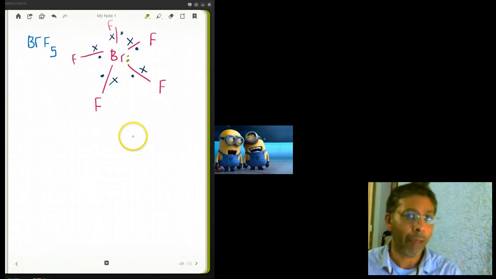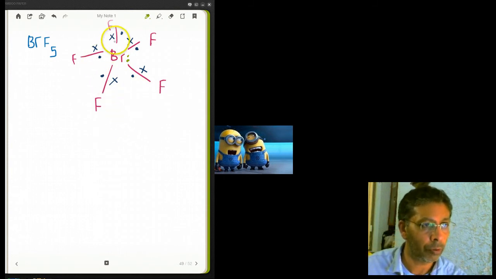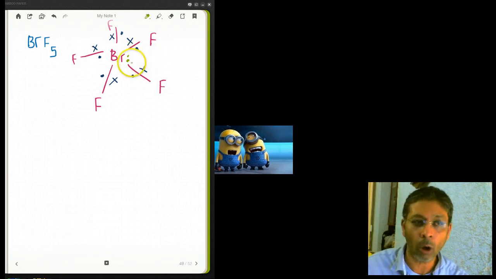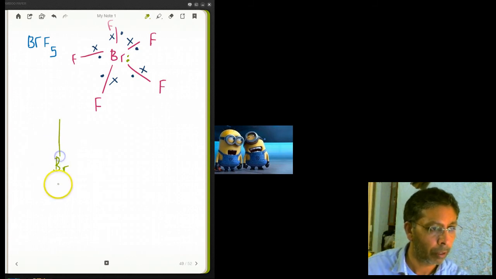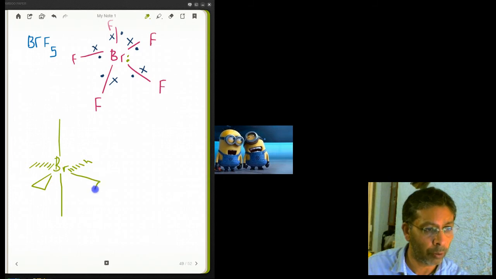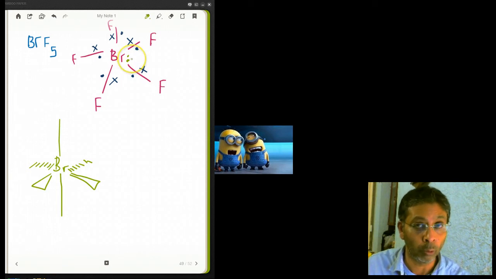Okay, now count the electron regions. 1, 2, 3, 4, 5, and 6. So again, it looks like it's based on an octahedral shape. So draw the octahedron as a starter. There we are. Bond going away from you, that bond coming towards you. Now remember the lone pair, where it goes for an octahedral shape, it goes on the poles. So the top or the bottom, doesn't really matter, on the axes. So I'll draw it on the bottom here. There they are.